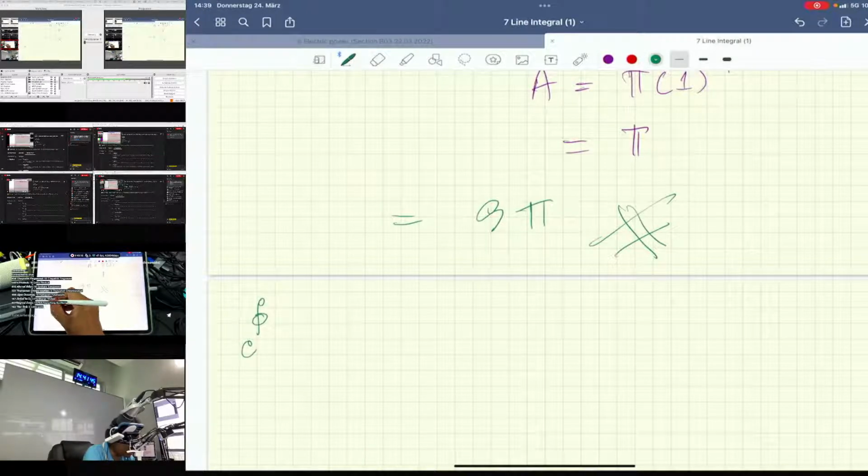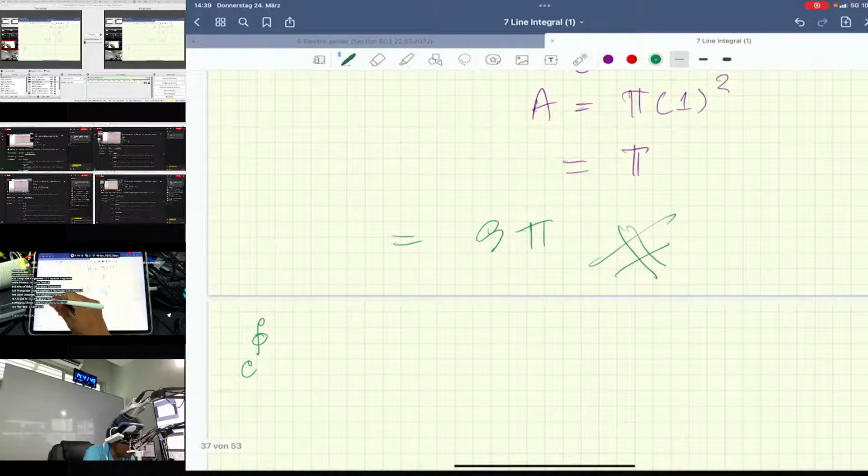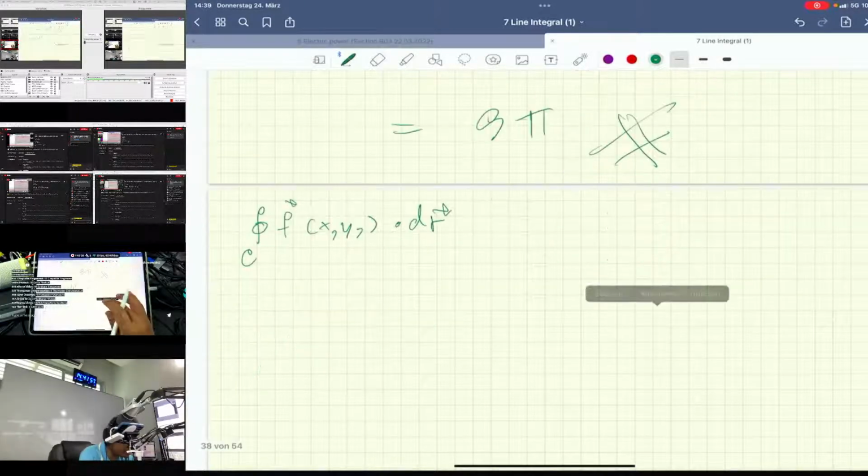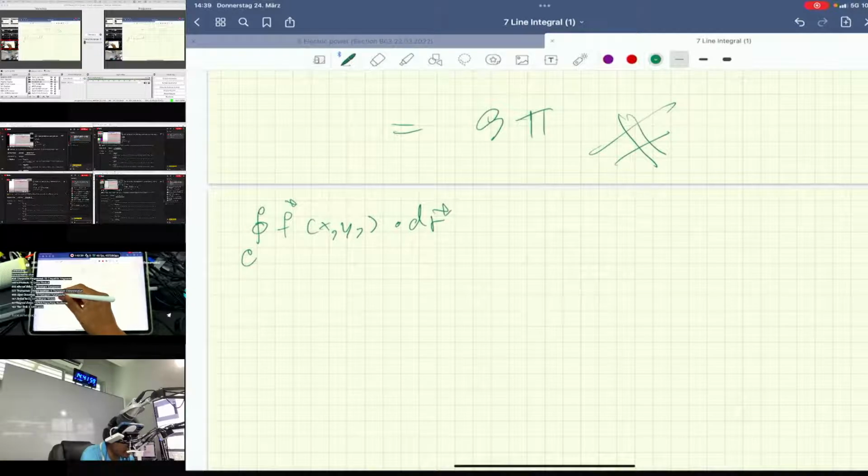Integration in the closed path of the vector function F dot dr. Of course, please note that dr is d by dt.